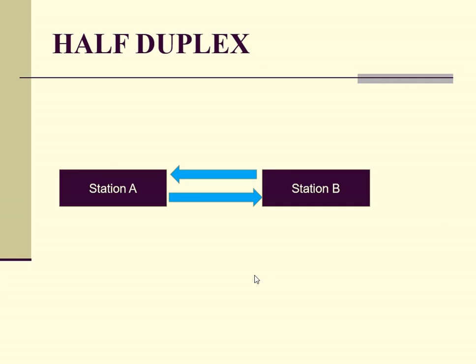Now moving to the half duplex method. In half duplex, stations can communicate in two directions but not simultaneously. If station A sends a message, B has to wait, and only after completion of the message from A, B can send a message. That is half duplex.